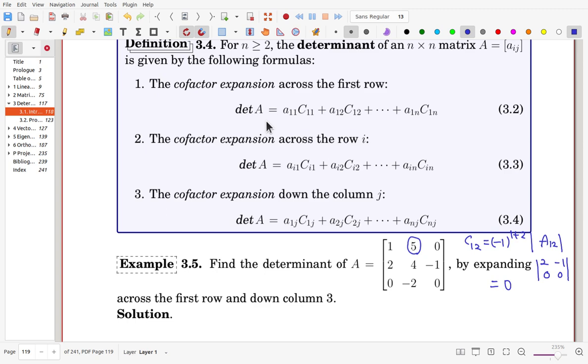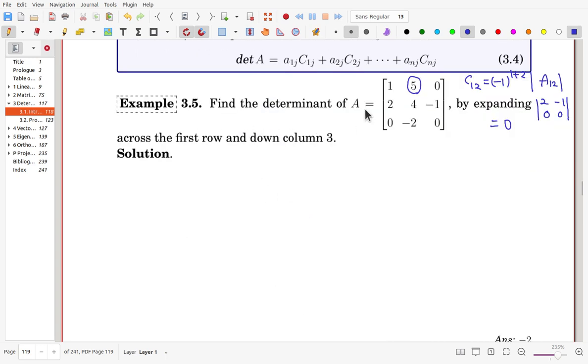Then the cofactors require the determinants of 3 by 3 matrices. Now, we know how to do those already, so we can finish with a cofactor expansion either through a row or a column. So we can apply this recursively using cofactor expansion, so that for any n by n matrix we can get the determinant. Okay, that's the definition of the determinant.